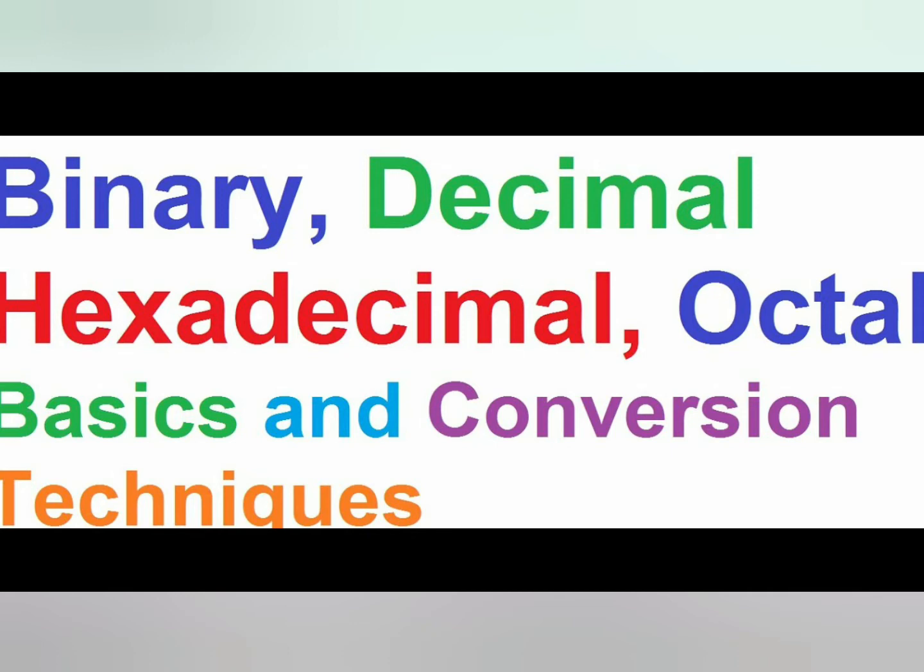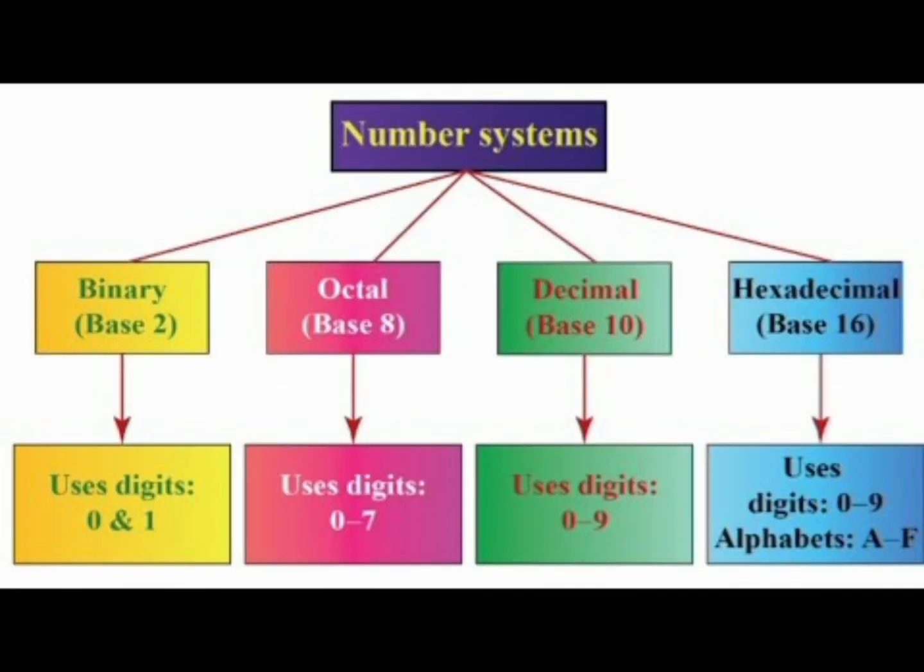So let us see what the different types of number system available are. The number system is mainly classified into four: binary, octal, decimal and hexadecimal. Binary has base 2, which means it uses only two digits, 0 and 1.